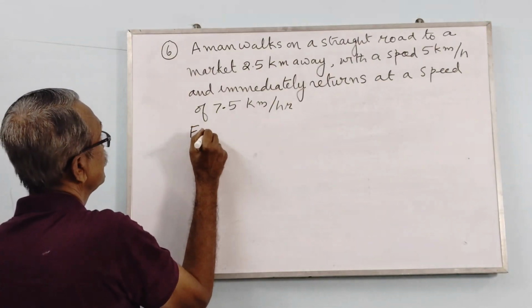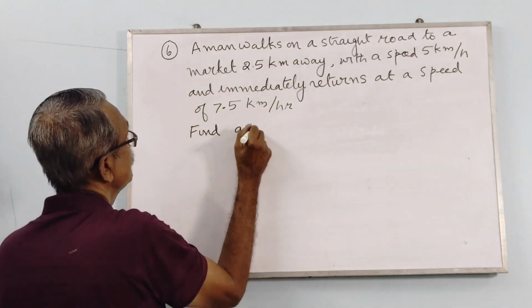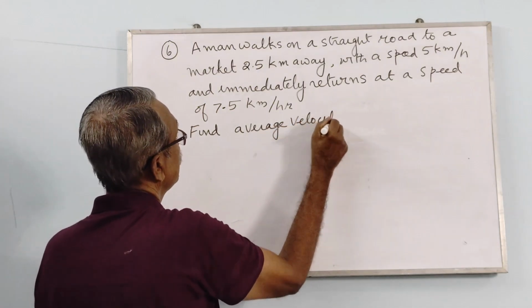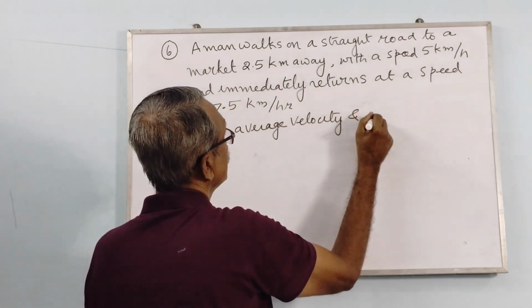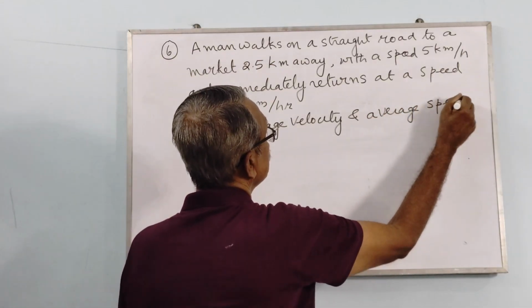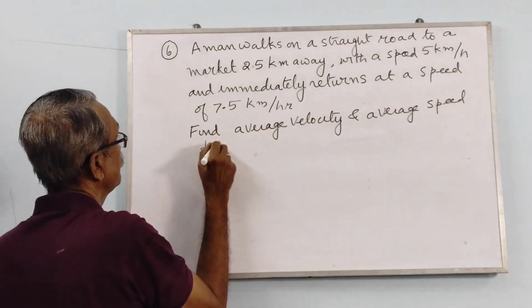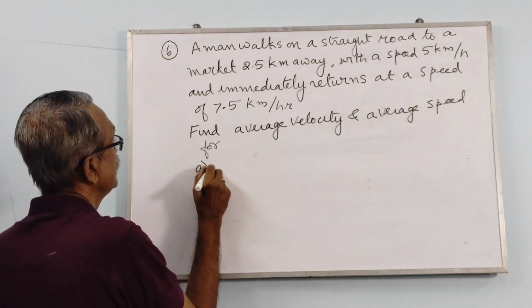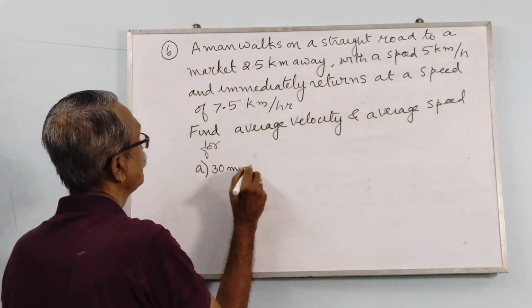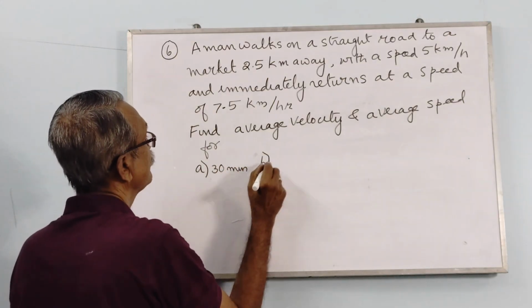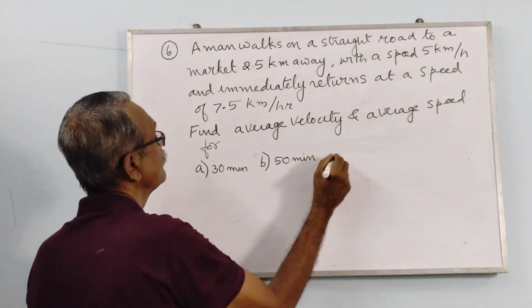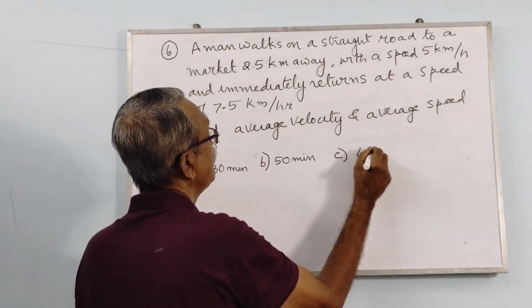Find the average velocity and average speed for A. 30 minutes, B. 50 minutes, C. 40 minutes.